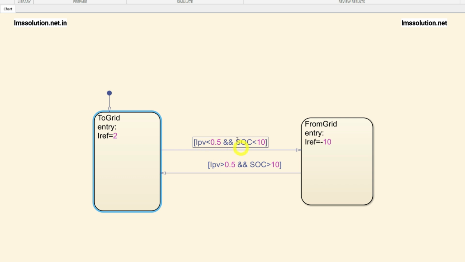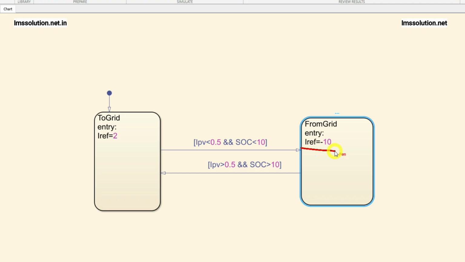During this condition, we make the current reference equal to minus 10 amps peak. That means we are taking power from the grid. In this condition we take current from the grid to charge the battery as well as to supply the DC load. We already have some DC load, which I will explain.